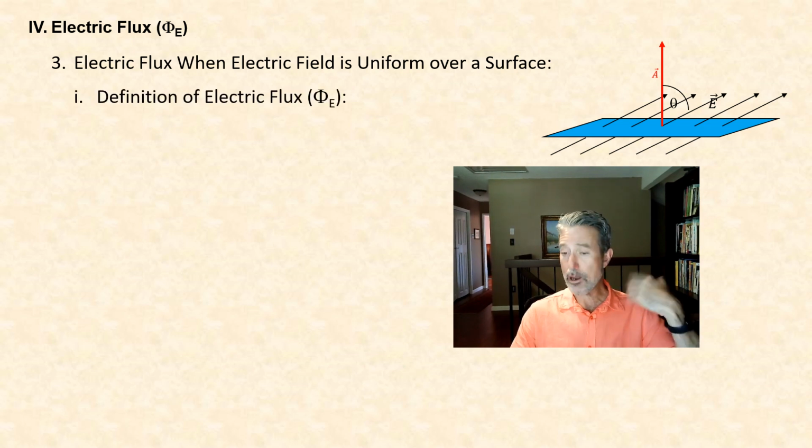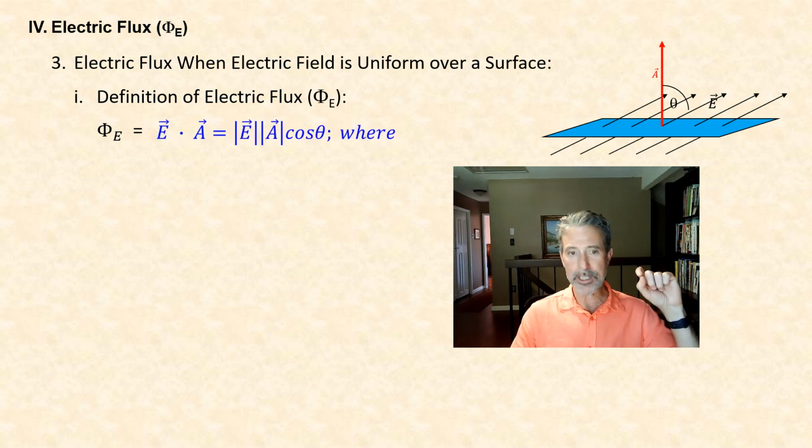So how do we define the electric flux for this uniform electric field? We do it as such. We define the electric flux to be the dot product of the electric field E and that area vector A. And remember that the dot product is a scalar product, giving you a value that is a number or scalar.